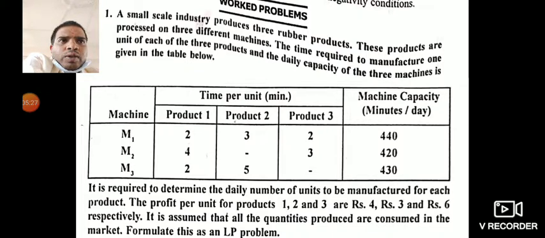We are going to work on machine 1 up to 440 minutes per day. Similarly, the processing durations for product 1, product 2, product 3 on machine 2 are 4, dash, and 3 minutes.